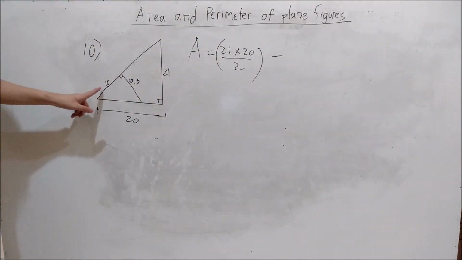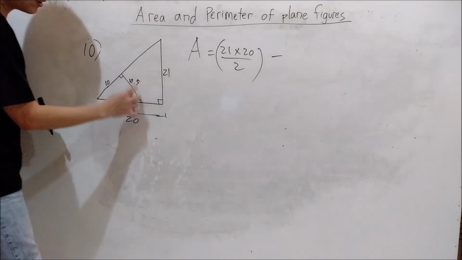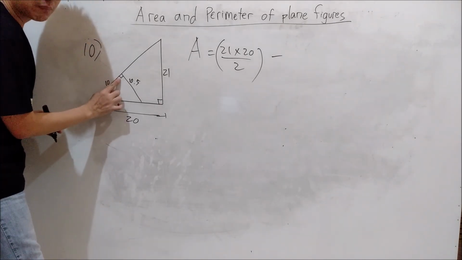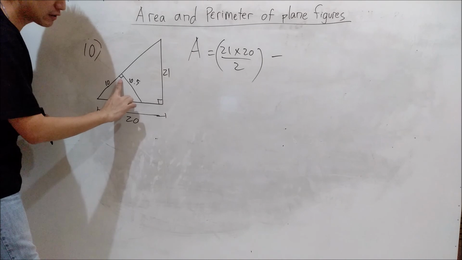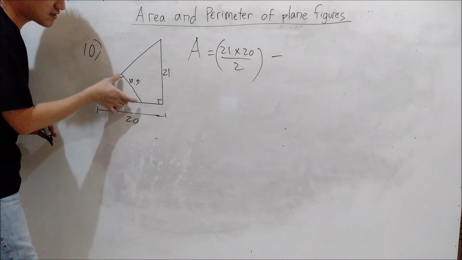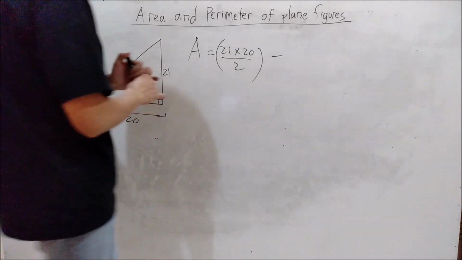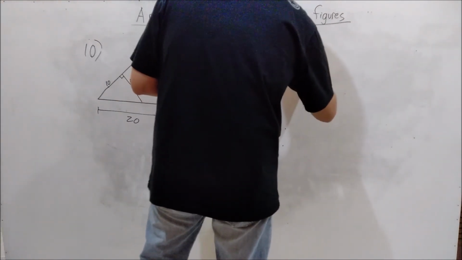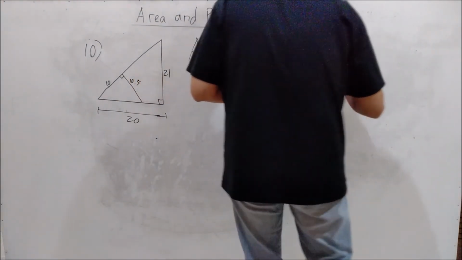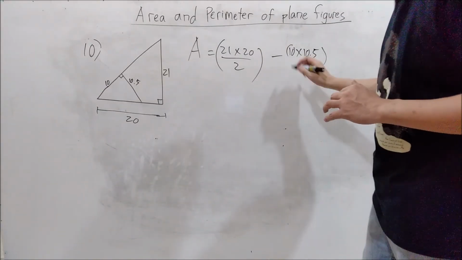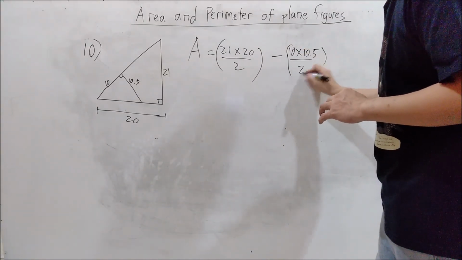What is the small triangle? If you see this triangle, you see the perpendicular line here. So this 10 and this 10.5 will be the base and the height. It doesn't matter which one is the base and which one is the height. You just write 10 times 10.5 and then divided by 2.